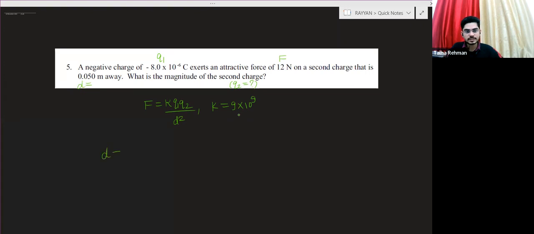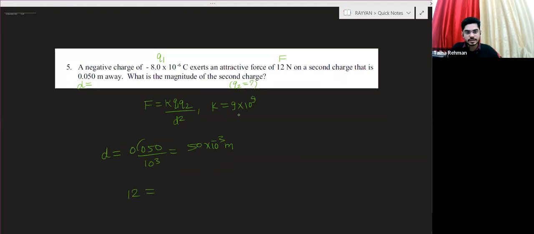So see, first distance is given as 0.050, so I can write it as 50 into 10 to the power minus 3 meter. This is the distance.